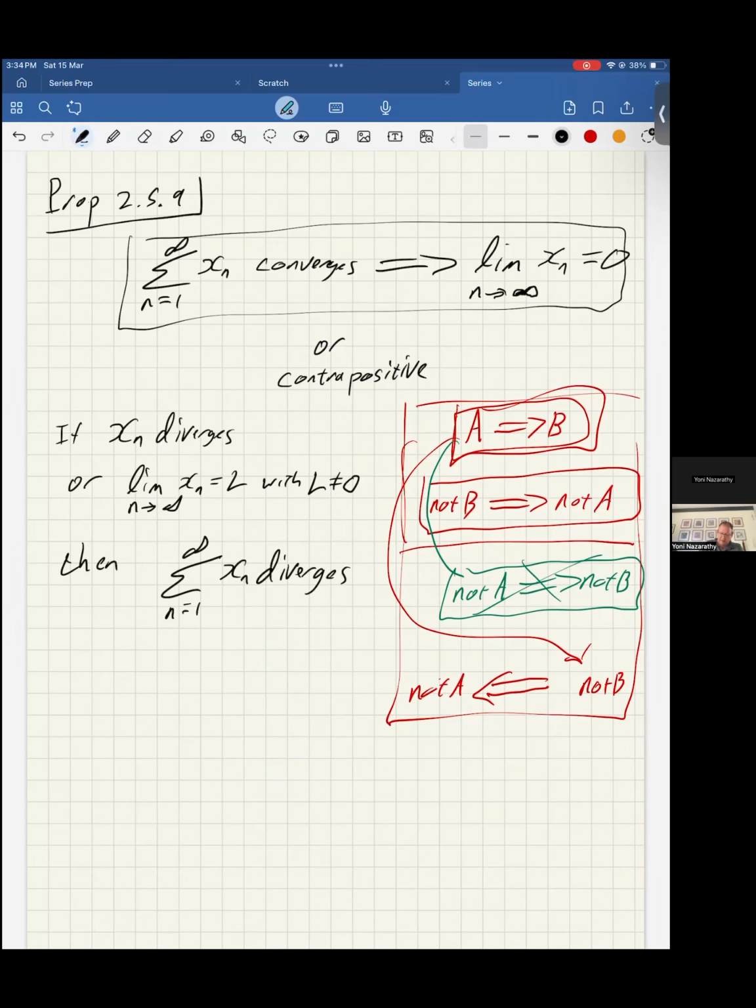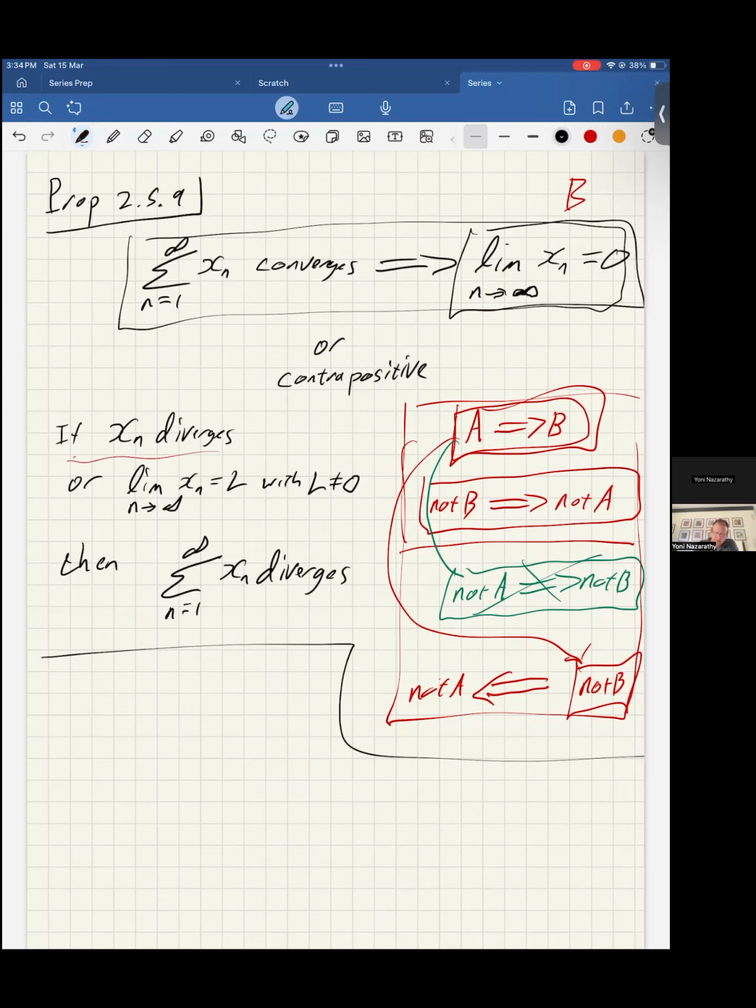Okay, that's the contrapositive, because this statement here, this is our B if you would like. This statement says that xn has a limit and that limit is 0. So if you want to say what not B is, well, there are two ways that B cannot hold. It can be that xn just diverges.